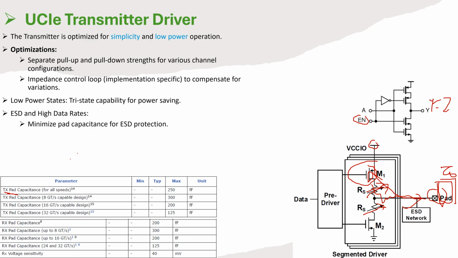It mentions 250 femtofarad for all the speeds. For example, if you are talking about 32, 125 femtofarad. This is for the transmitter side. Whereas on the receiver side, you can see 200 femtofarad at the pad. For 32 gigatransfers per second, we have 125 femtofarad at the pad.